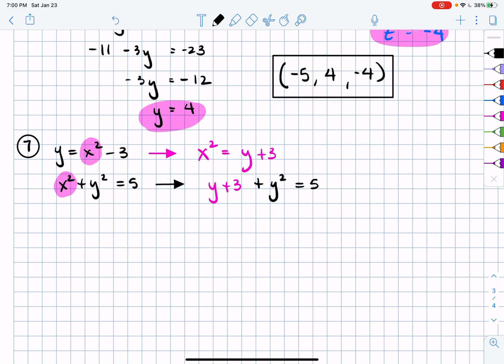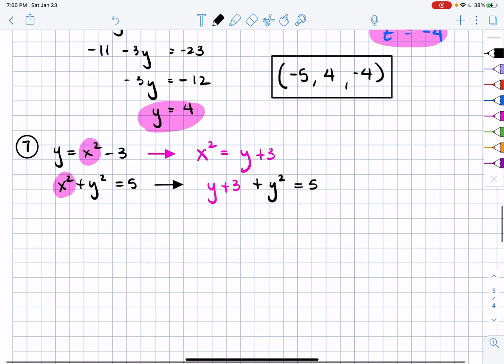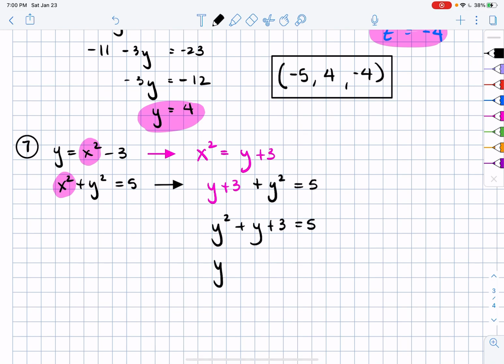So I see a square term and an equal sign, I think quadratics, that means I've got to get everything to one side. My y squared is positive on the left side, so I'm going to keep it on the left: y squared plus y plus 3 is equal to 5. Bring the 5 over, y squared plus y minus 2 is equal to 0.